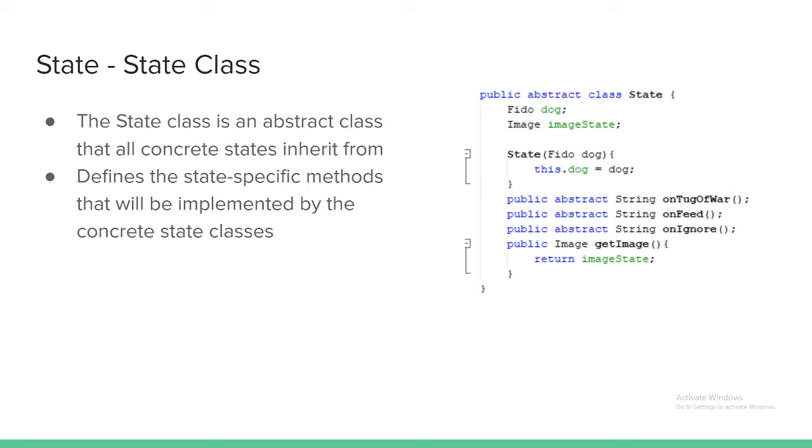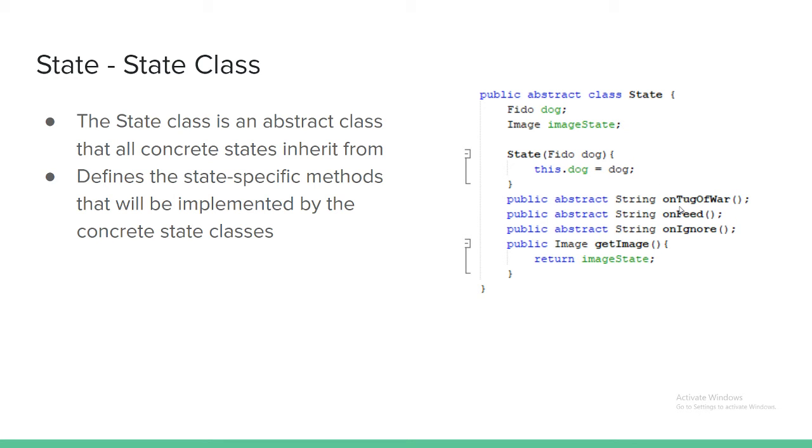My demo application also contains the abstract state class that all concrete states inherit from, and it defines the state-specific methods that will be implemented by the concrete state classes. So we have the tug of war activity, what will happen based on what state.